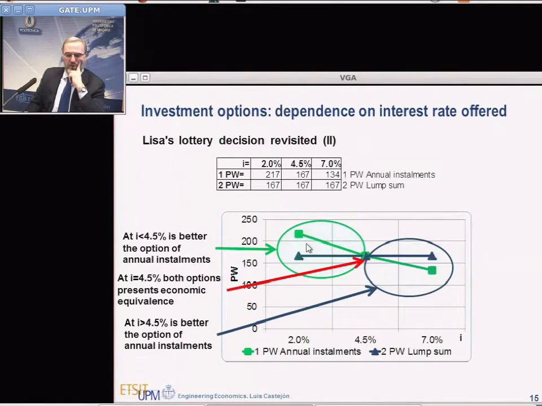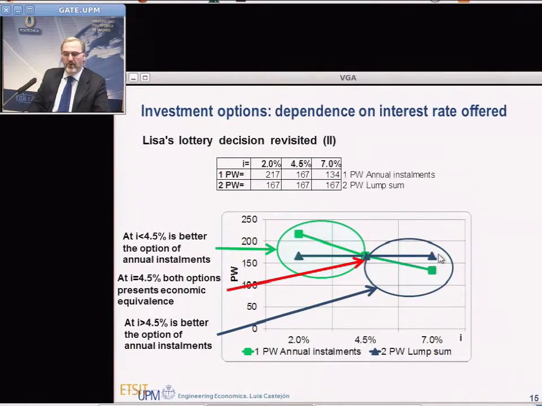But the present worth of the installment option is different depending on the interest rate. As you see here, in the case of an interest rate equal to 2%, for example, you will choose the option of annual installments, because the present worth is higher than the lump sum.